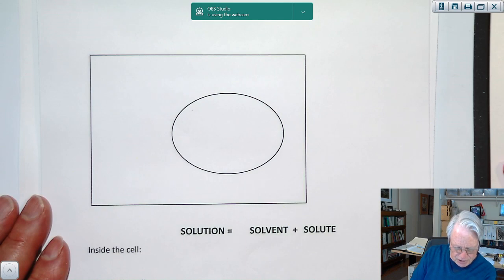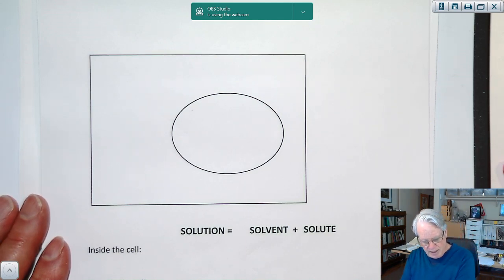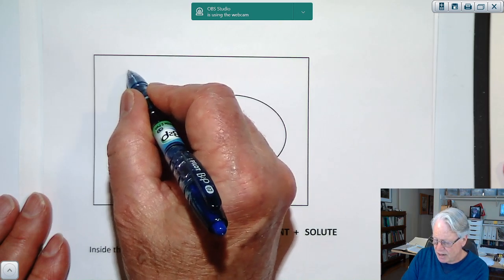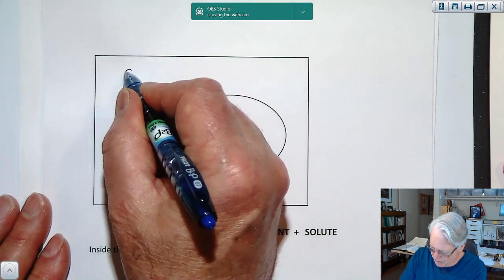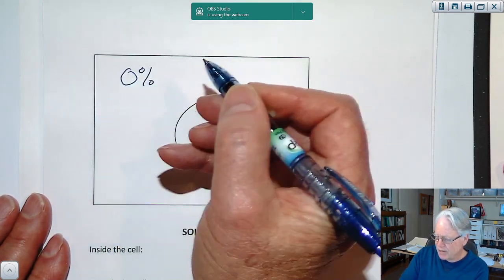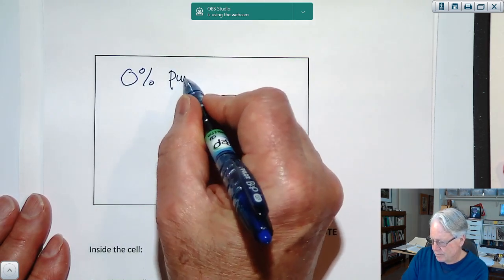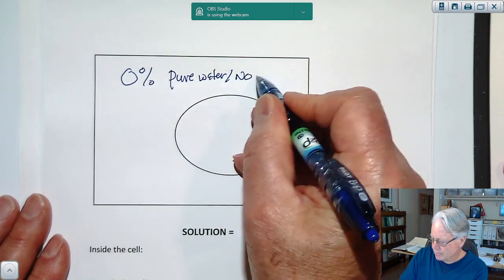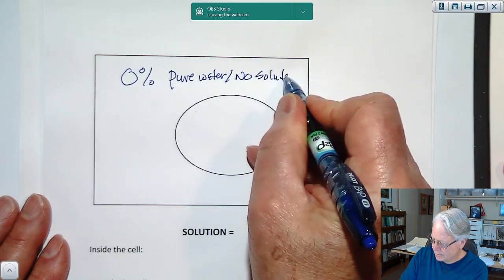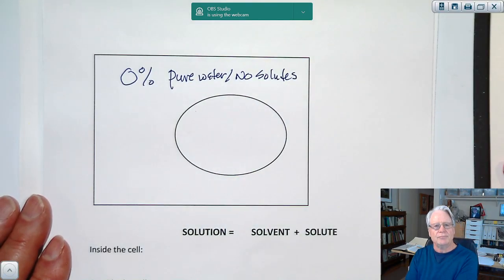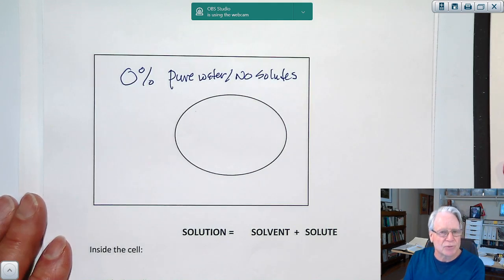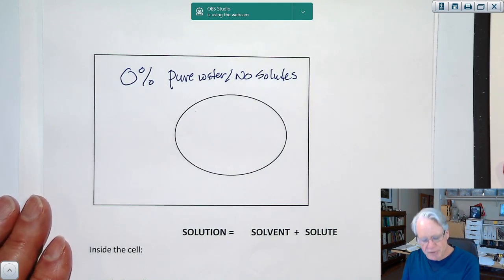So, distilled water, and so inside here, what percentage do we have? 0%. We have pure water. No solutes. What do we have inside the cell? Well, I didn't tell you directly, but I think you can figure it out.